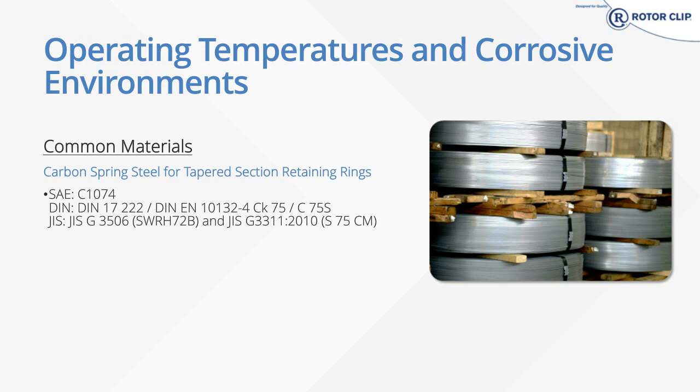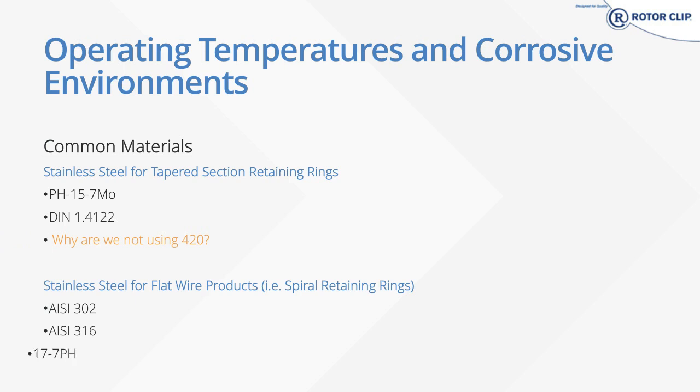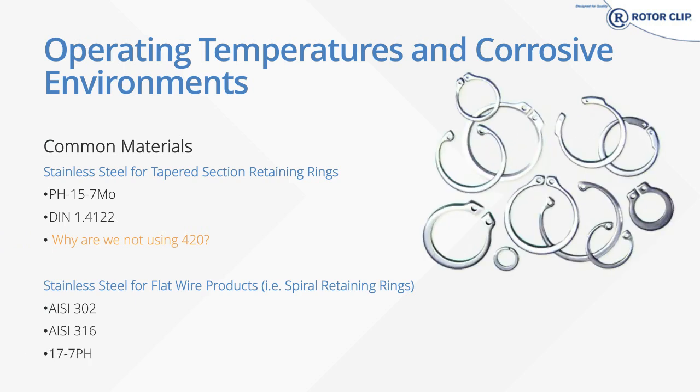And on those carbon steel parts, you'll see temperature ranges from negative 100 degrees Fahrenheit to up to 600 degrees Fahrenheit. And in a few slides, we'll discuss how that range shrinks as your loads or your environment changes.